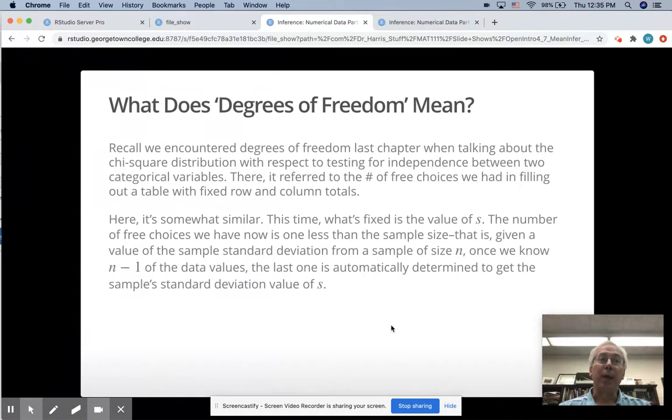If you say, I've got a sample that has a particular standard deviation, once you choose all but one of the numbers in the data set, the last one is automatically determined in order to get the specific value of the standard deviation that you have. So the free choices we have here are the number of free choices in deciding what our data set looks like given a standard deviation value. And so it's always 1 less than the sample size. So that's what we're going to be working with here for degrees of freedom.